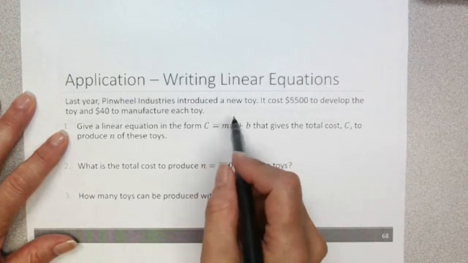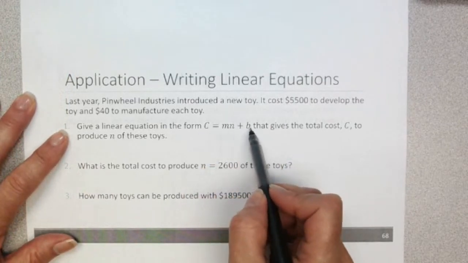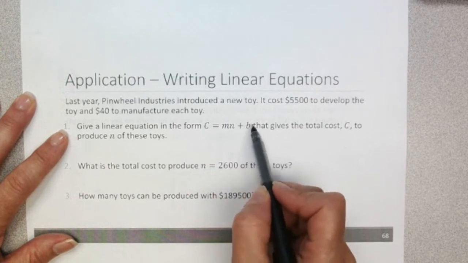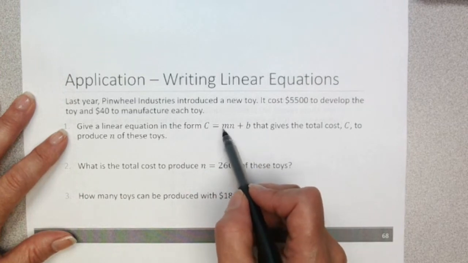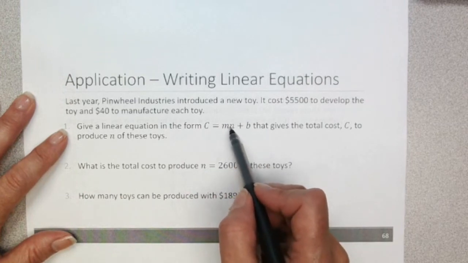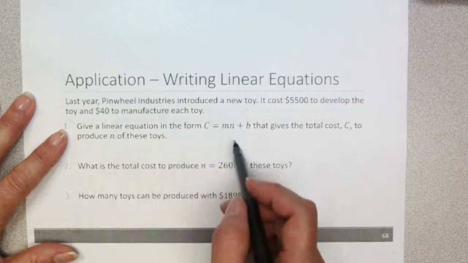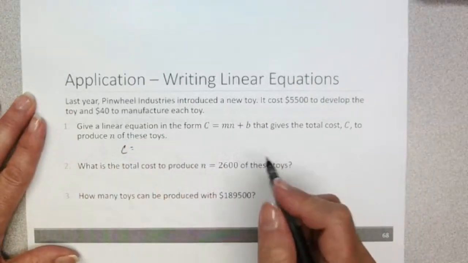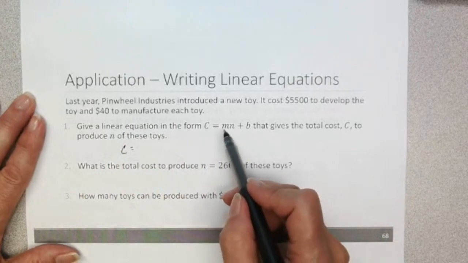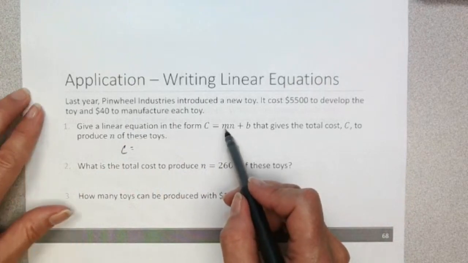So if I'm looking at this equation, C equals mn plus b, it looks like b, that's my initial value, right? That's my starting point. Graphing this, that would be my y-intercept. m is my rate of change, n is how many toys I'm producing, okay? So what is this equation going to look like then? Cost is going to equal m, slope. Slope is rate of change, though, in context, right?